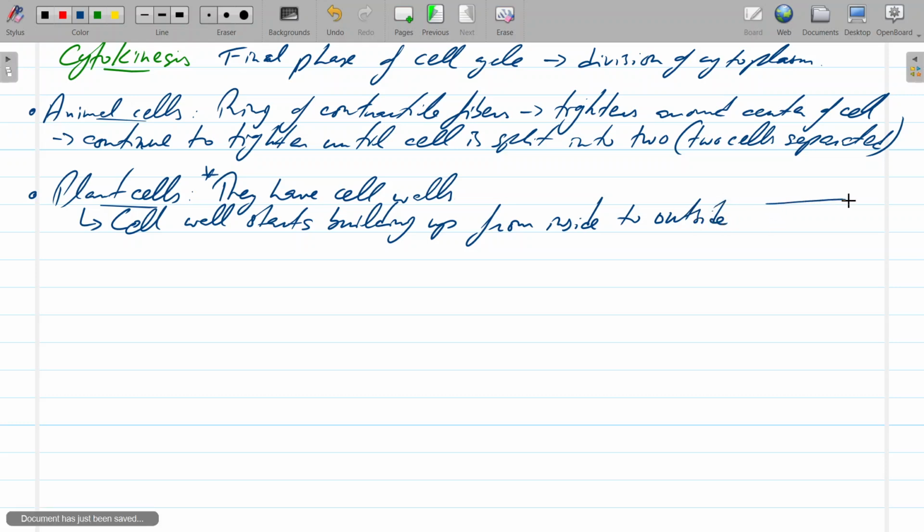Right, and so you've got one cell and there's a cell wall building over here, and that separates the two daughter cells. Right, because they're pressed together, perhaps you can't make them out. So that's how one separates into two.